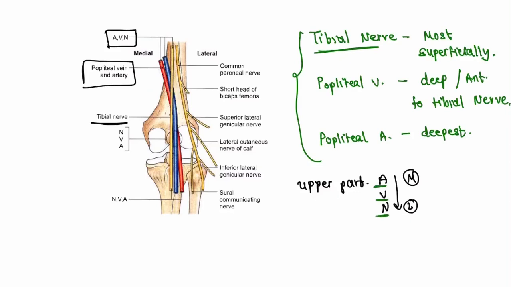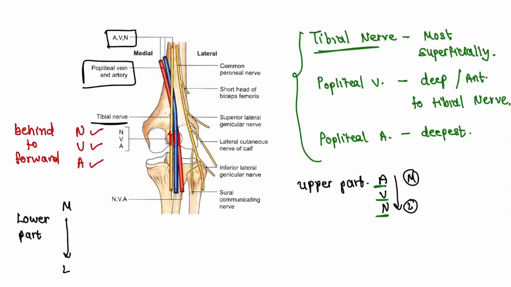In the middle part, from behind to forward, it is NVA, which is nerve, then vein, and then artery. And in the lower part, from medial to lateral, again it is NVA. So first nerve, then vein, and then artery.